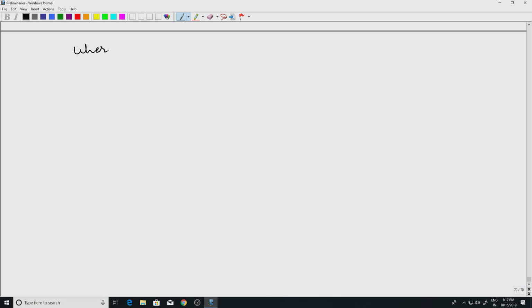This would be a mapping from U alpha cross V beta into R^(n1+n2). And this map is defined in a rather obvious way.